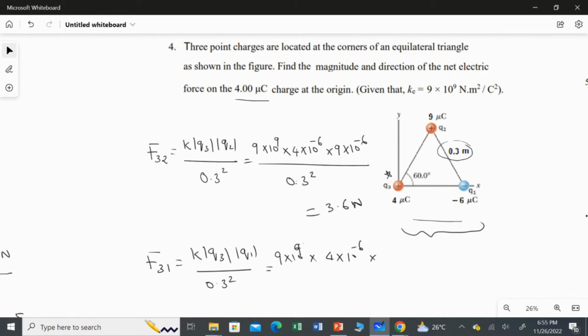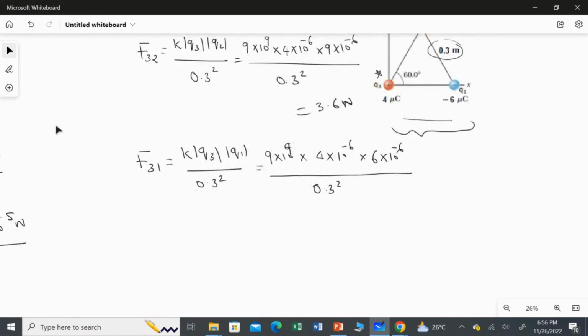We are going to take the magnitude only, so 6 multiplied by 10 power minus 6 over the distance 0.3 squared. Let's see what is the answer for this F of 3 on 1: 9 times 10 power 9 multiplied by 4 times 10 power minus 6 multiplied by 6 times 10 power minus 6 over 0.3 squared. I got the answer as 2.4.